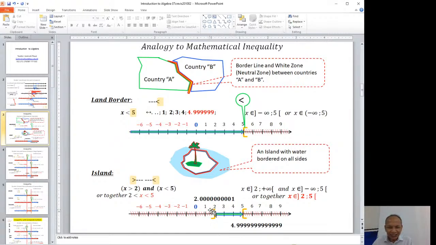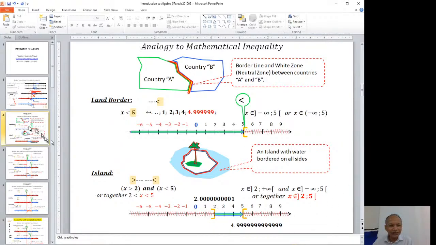So 2 doesn't belong to you, but 2.0001 belongs to you, and 4.999 belongs to you, but 5 doesn't belong to you. It's like a sandwich. The middle belongs to you, the boundary doesn't belong to you. They belong to the sharks. The sandwich, the island.